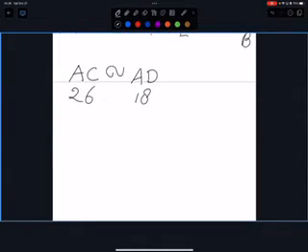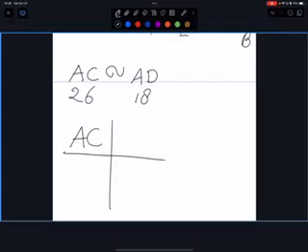First way is doing the cross product. Cross product way. AC.